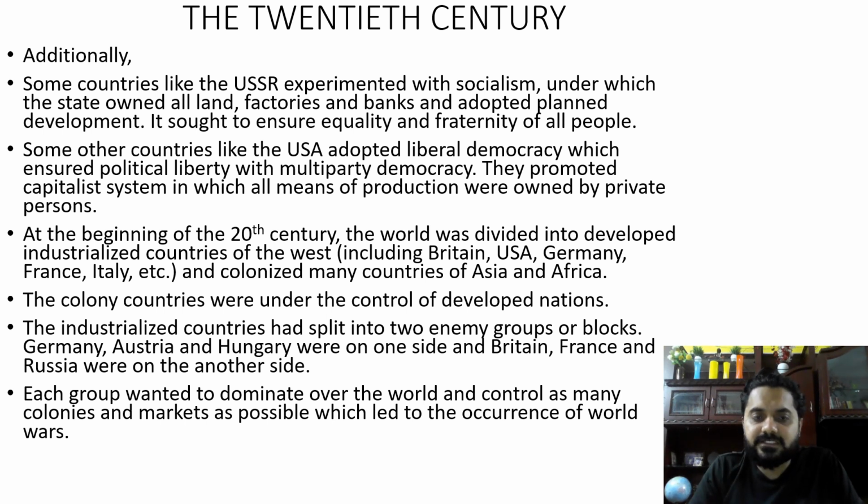The industrialized countries had split into two enemy groups or blocs. Germany, Austria, and Hungary were on one side, and Britain, France, and Russia were on the other side. Each group wanted to dominate over the world and control as many colonies and markets as possible, which led to the occurrence of the World War.